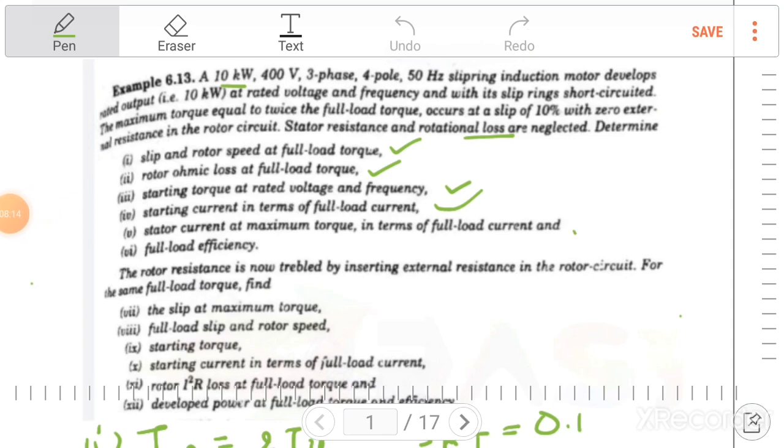Similarly, in 5th option, stator current at maximum torque in terms of full load current is asked.